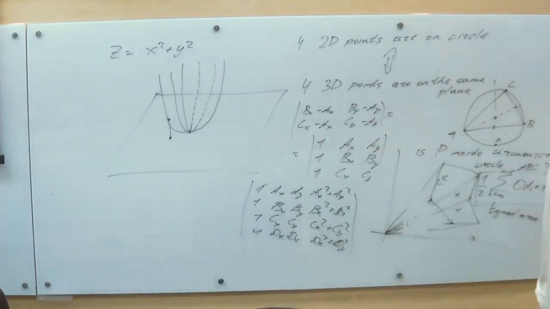Okay, and the last algorithm before the break is, okay, now we know how to check if we have a circle that is based on 3 points, how do we check if the point is inside that circle? Now, one of the coolest algorithms in computational geometry is finding the smallest circle that covers all these points.